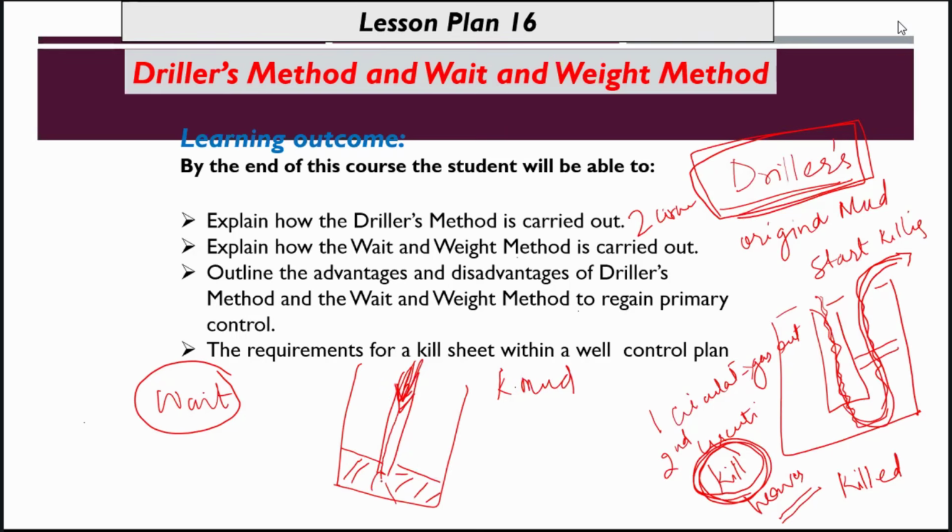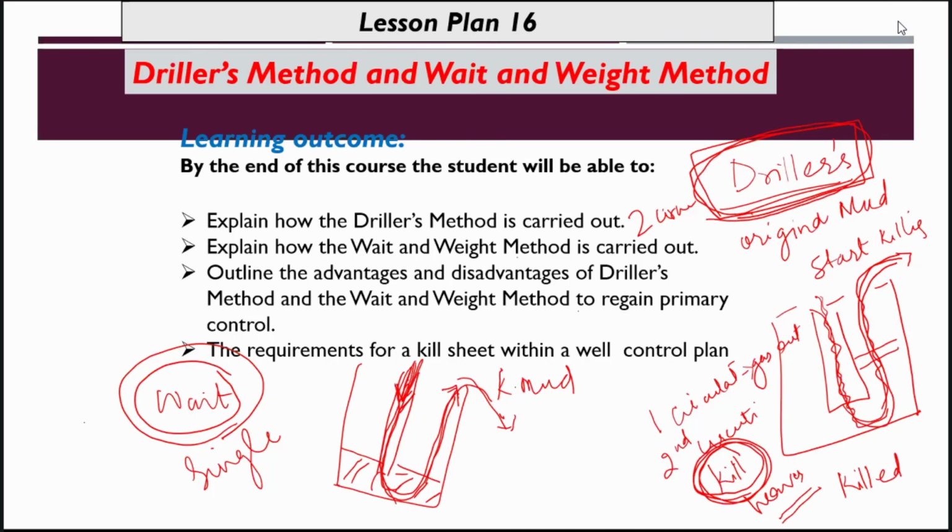So as you are going down, this influx will come up and it will go up. So in single circulation, your whole well system mud also you have changed to heavy mud and you have removed the influx also in a single circulation. Okay. So this is a one circulation method, wait and weight method. And this is a two circulation method, driller's method.